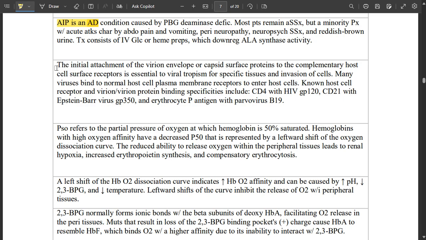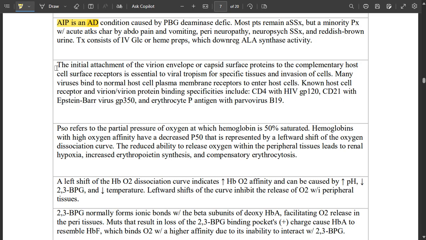Many viruses bind to normal host cell plasma membrane receptors to enter host cells. Host cell receptor and viral protein binding specificities include CD4 with HIV gp120. So HIV gp120 binds with CD4. CD21 binds with Epstein-Barr virus gp350.